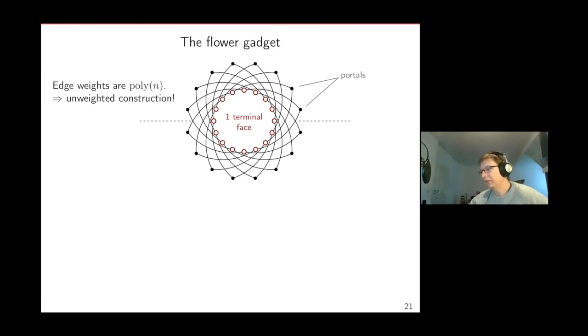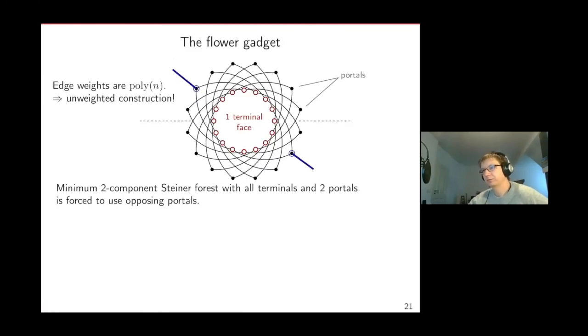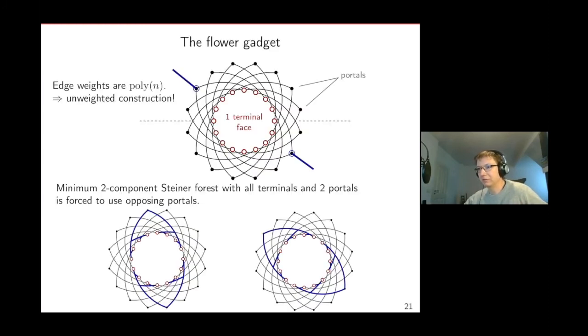And the very important thing about this gadget is that if you want a 2-component Steiner forest, which reaches to one of these top portals and also reaches to one of these bottom portals and covers all the terminals, then the cheapest way to do that is to select any pair of opposing vertices, right? I cannot prove this because it's a slightly longer proof, but basically these two binary trees in any rotation will be the minimum Steiner forest for this instance.